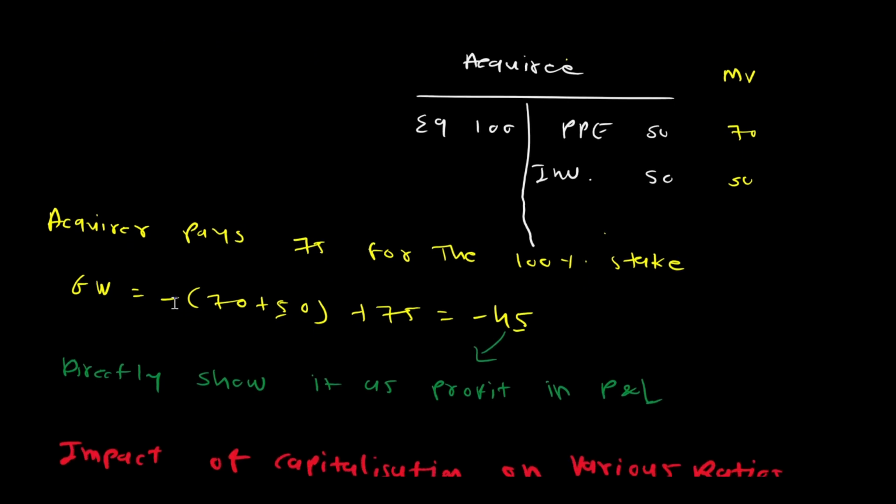So my goodwill will be minus 45 because this company's PPE is 70 and inventory is worth 50. So a 120 rupees company is acquired with only 75, so I have paid 45 less.